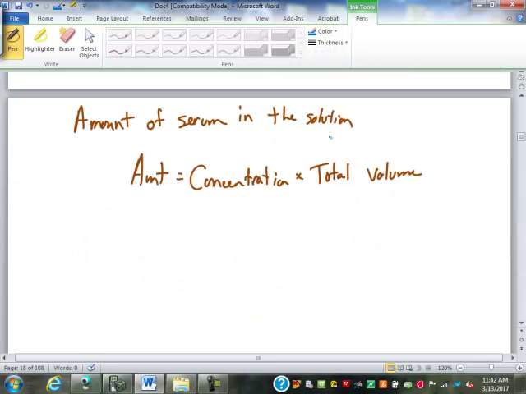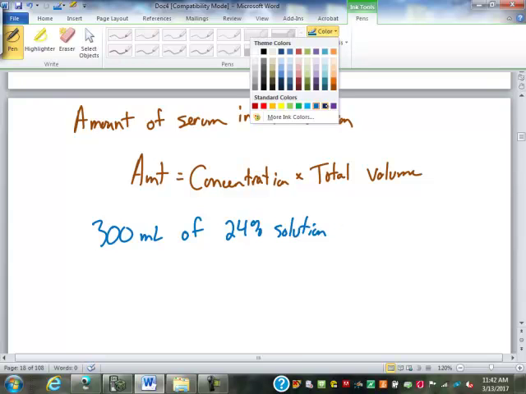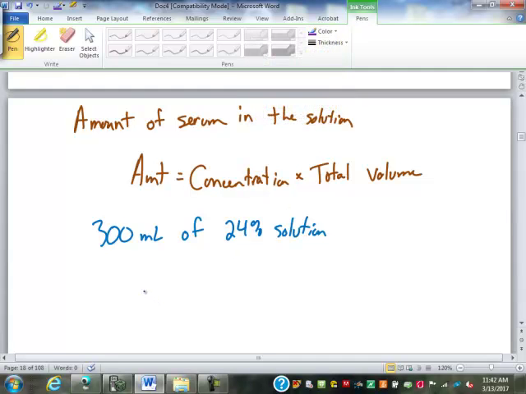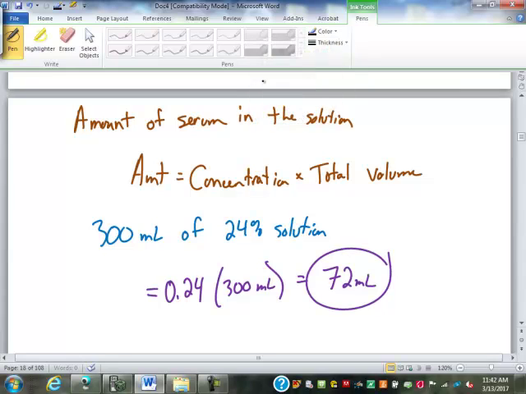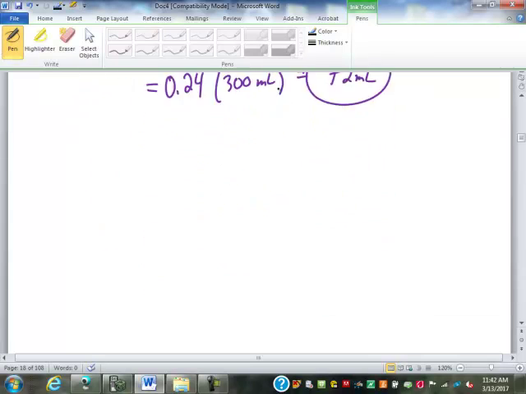So if we had 300 milliliters of 24% solution, that meant the amount of serum, the amount of the active ingredient in there, was really 24% became 0.24 times the amount of 300 milliliters, which gave us 72 milliliters of that active ingredient. So what we're going to look at today to start off with is what happens if we actually dilute a solution that's already done.